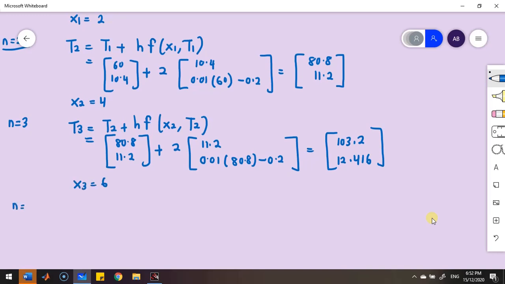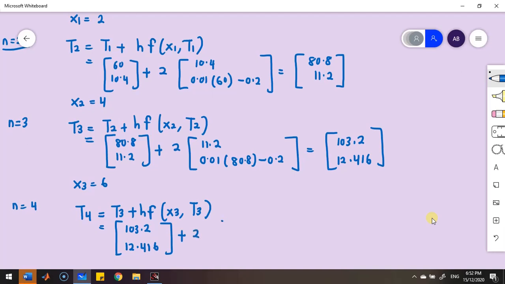Now for n equals 4, I have t4 equals t3 plus h f of x3, t3. So we have 103.2, 12.416 plus 2, 12.416, 0.01, 103.2 minus 0.2.